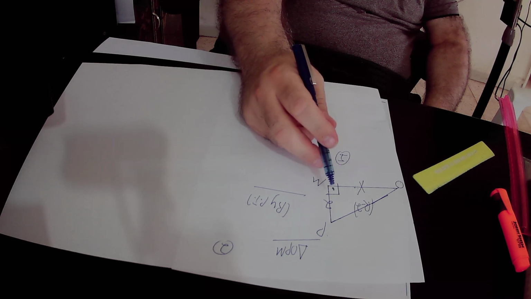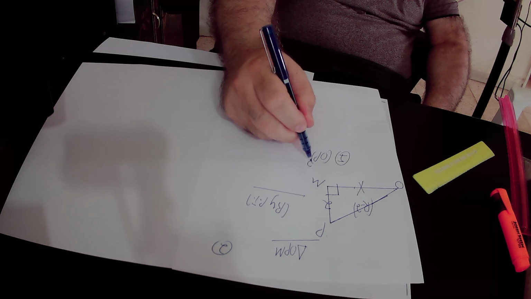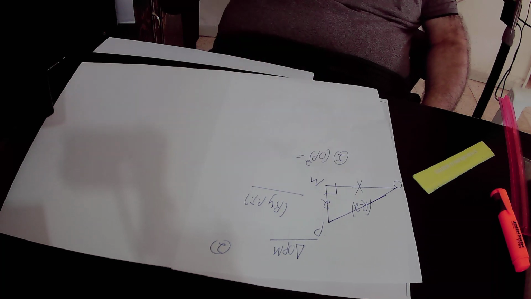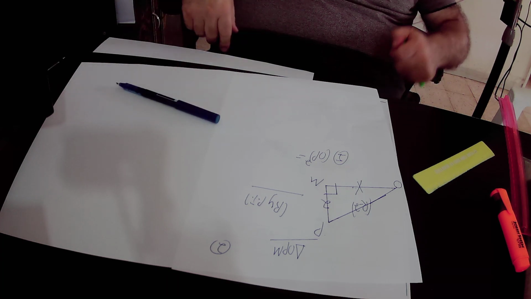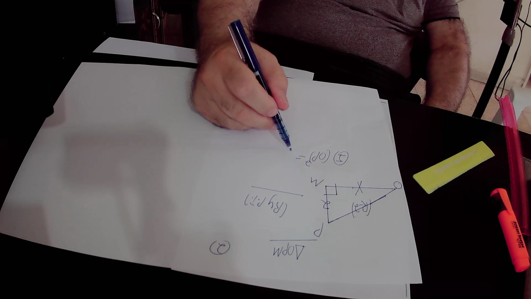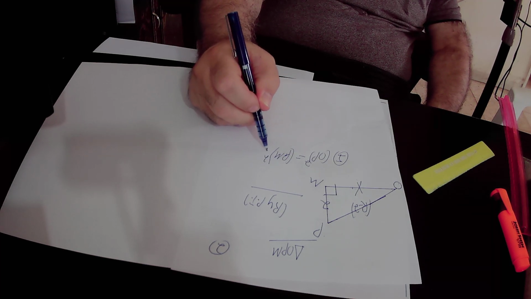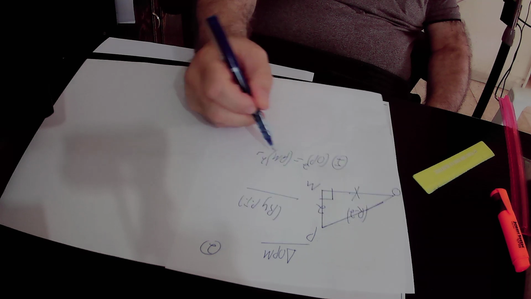The hypotenuse is OP, so the square of the hypotenuse is OP squared. And it must be equal to the sum of the squares of the perpendiculars, that is to say, PM squared plus OM squared.